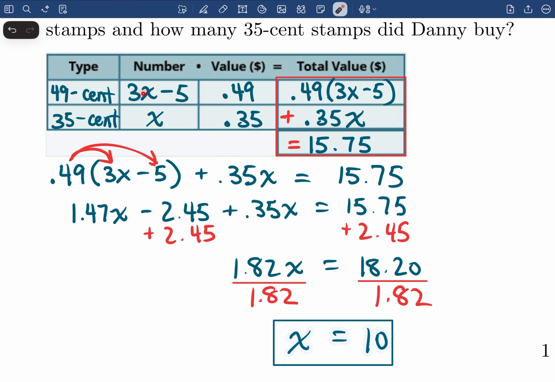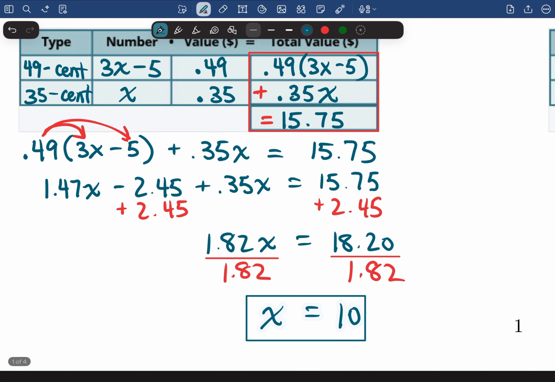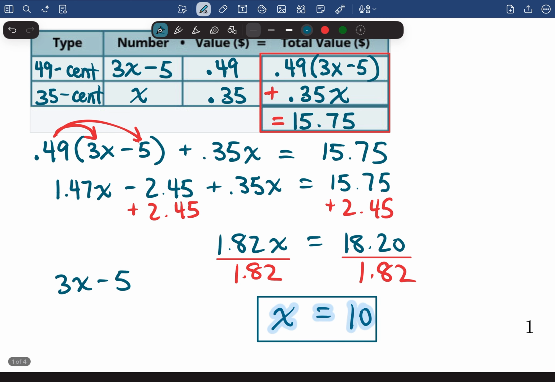Now I can go up here and replace this x with 10 to figure out how many 49-cent stamps there are. If we took 3x minus 5, the expression for 49-cent stamps, and replaced x with 10, we'd have 3 times 10, which is 30, minus 5, which is 25.